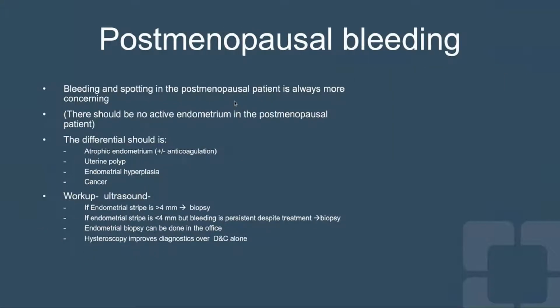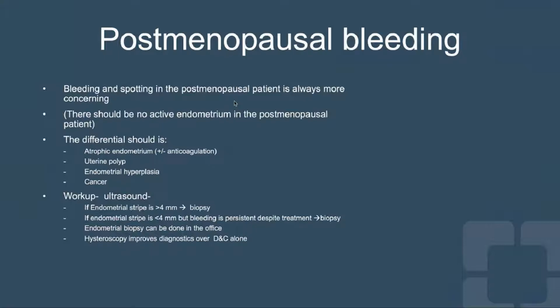So moving on now to postmenopausal bleeding. I want to differentiate this from typical abnormal uterine bleeding because abnormal uterine bleeding, whereas it can be distressing and can lead to severe anemia and be life-threatening in that way, in the premenopausal woman is rarely cancerous, although that needs to be kept in the differential.